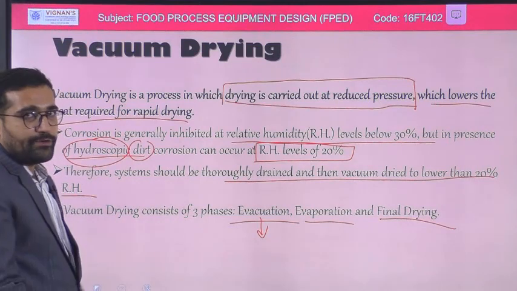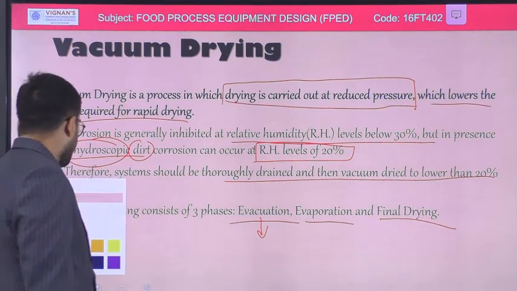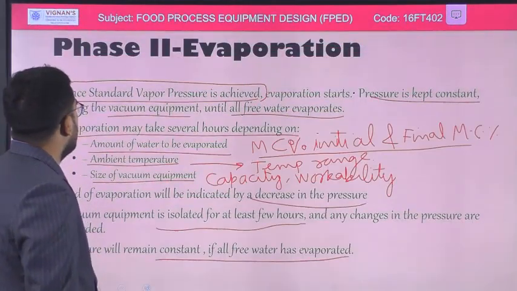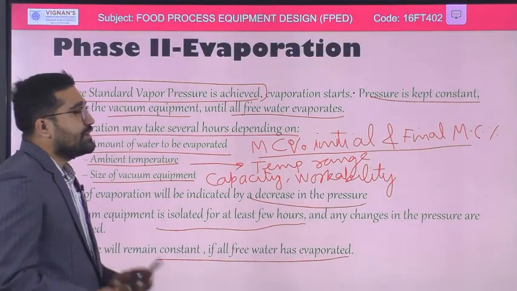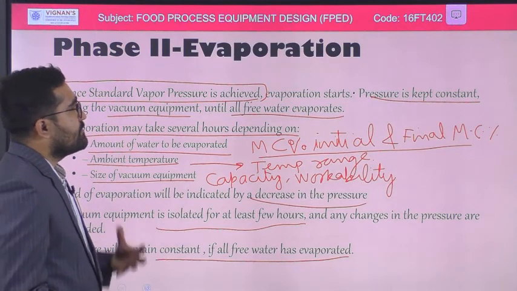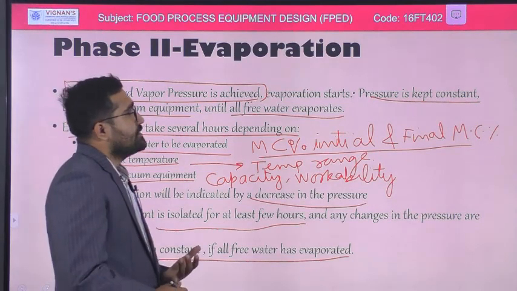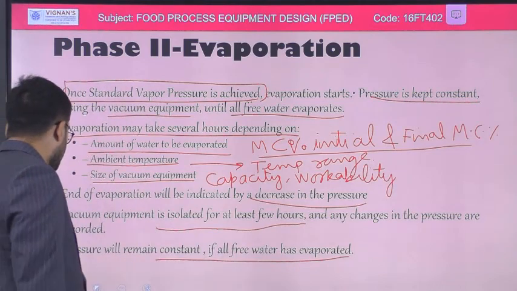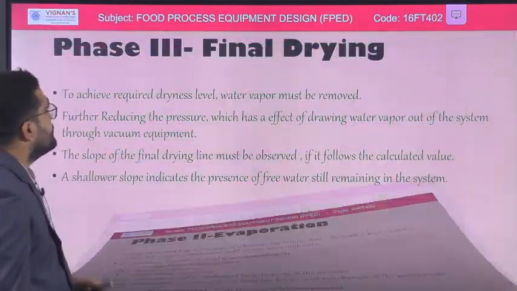What do you mean by vacuum drying? Then we have seen the different phases of vacuum drying: first the evacuation, then evaporation, and next the final drying.